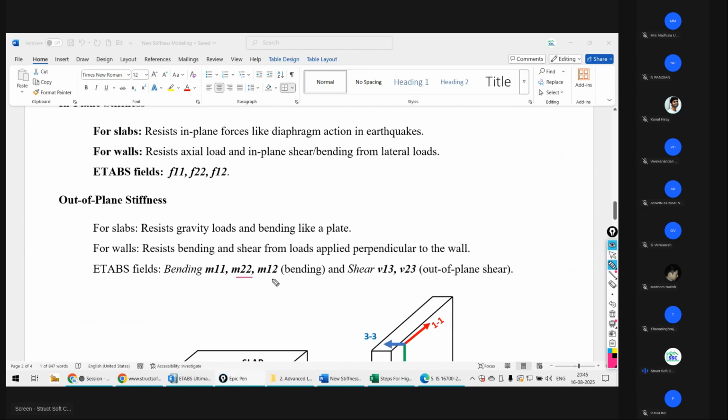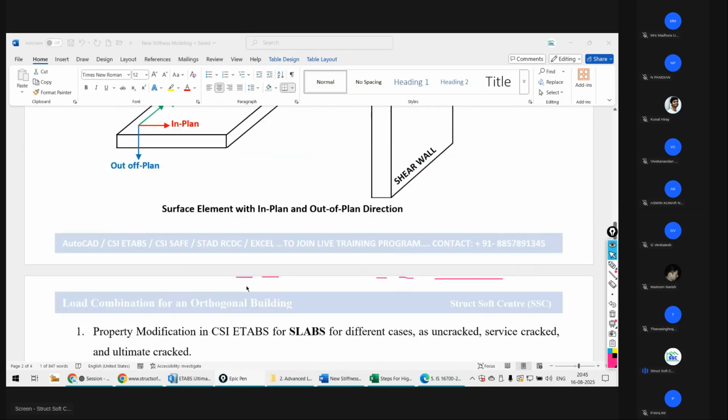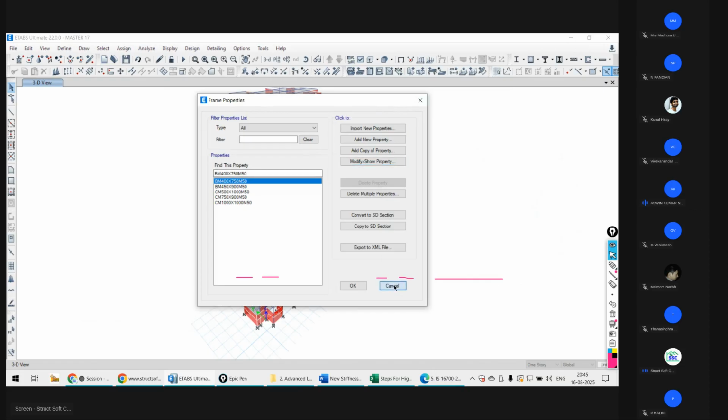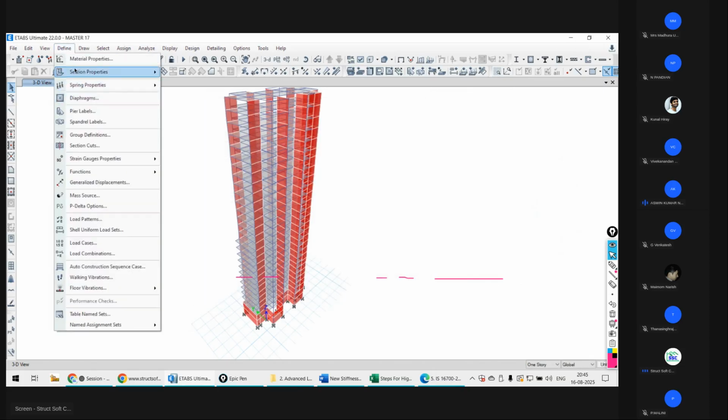M11, M22, M12. And for the shear, V13, V23, out of plane shear. Getting my point? So when you are going to see in the ETABS software, what it is asking for the case of slab. You told, sir, F12 is out of plane stiffness.